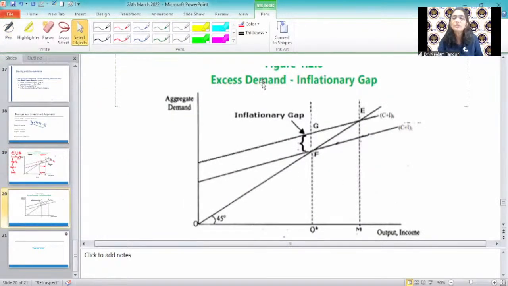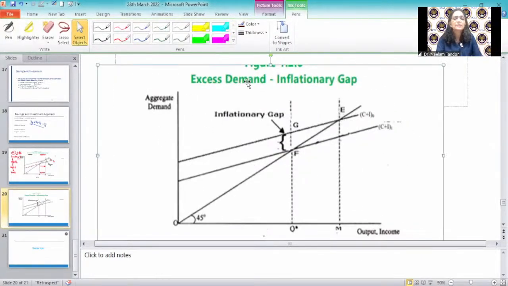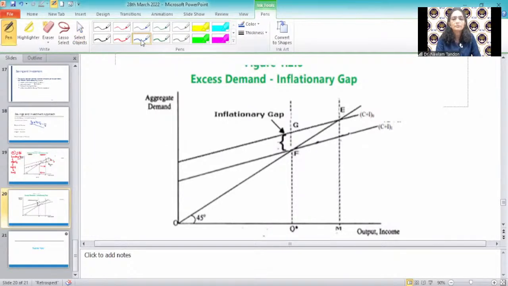Now the reverse of deflationary gap is inflationary gap. Over there, we saw deficit demand. Here there is excess demand. Ideally, the economy should be performing at F, because this is Y, or aggregate supply, and this is aggregate demand.